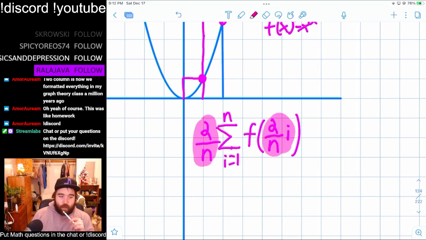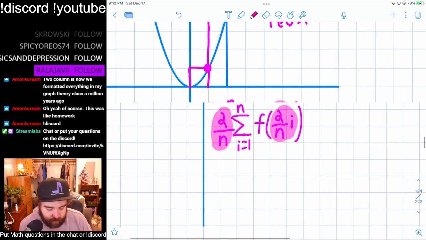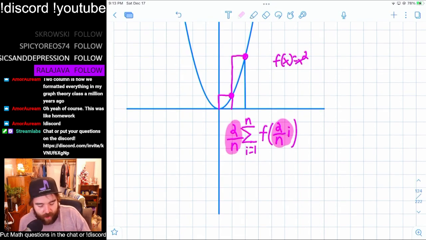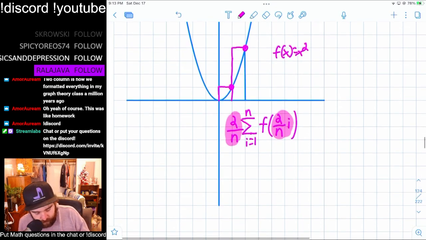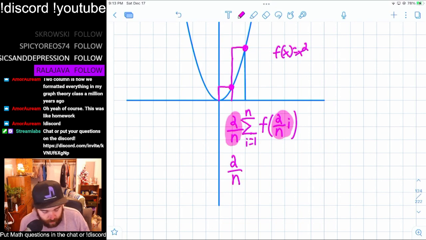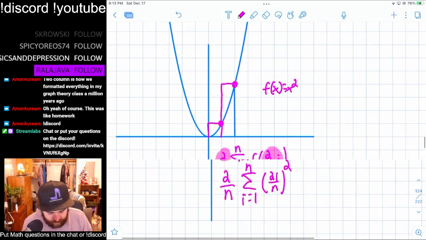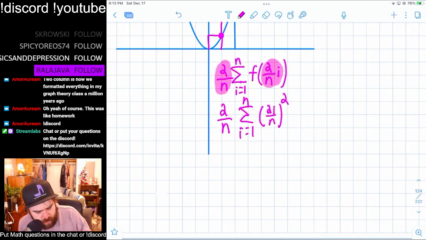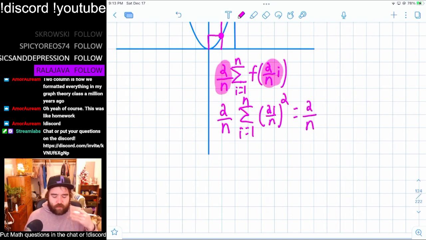So that's our formula. Now we need to use what f of x is and see what we can do to simplify this. So we have 2 over n times the sigma of 2i over n, squared because it's x squared. Then we have this 2 over n to the outside. If we square that, that's going to be 4i squared over n squared.